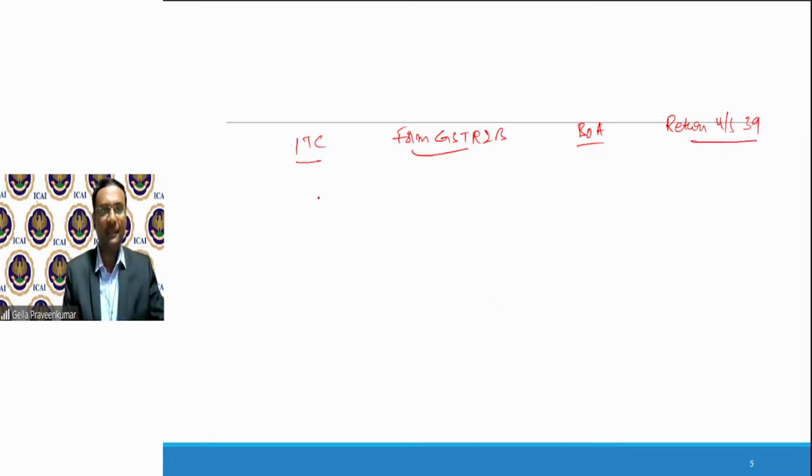Now, ITC, let me say, month 1. We are talking about input tax credit. In month 1, my form GSTR-3B shows 100 rupees. In books of accounts, I have accounted for 80 rupees. In my return, I have updated 100 rupees.